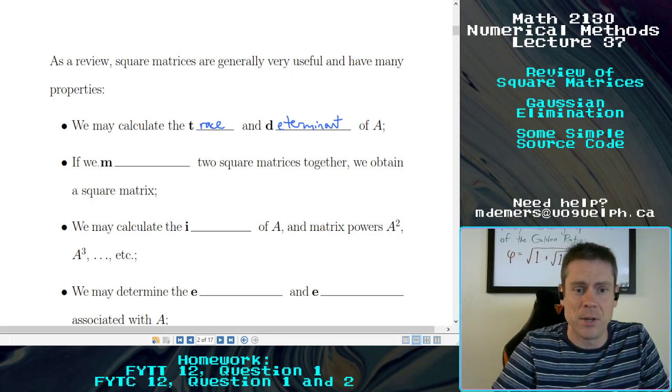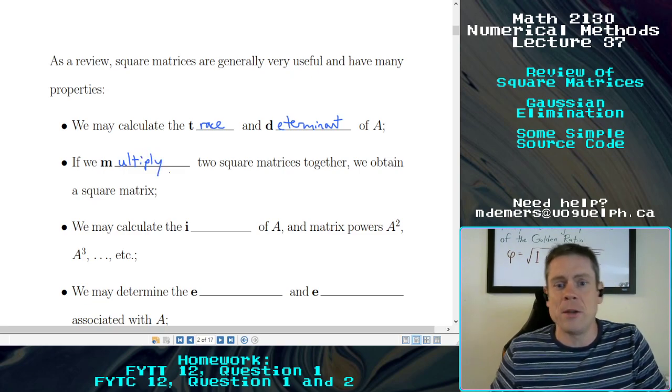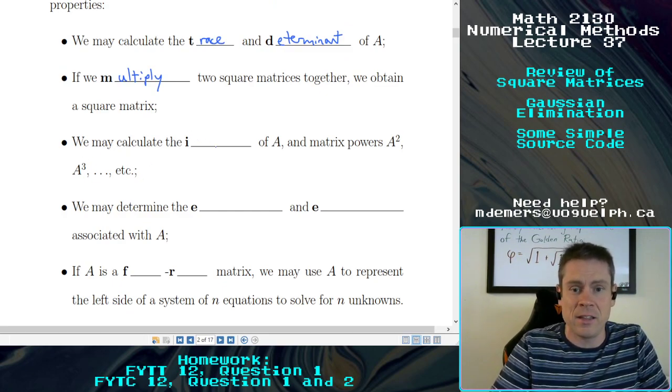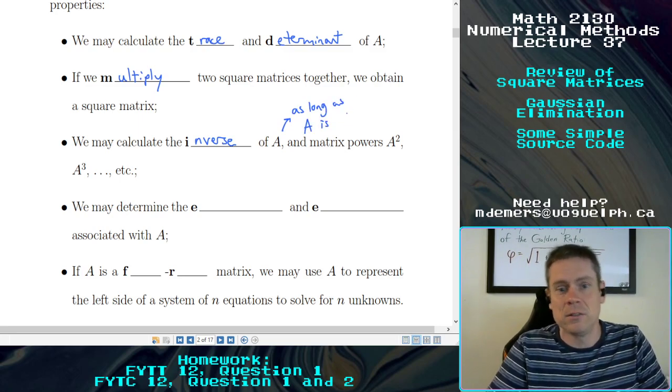If we multiply any two square matrices together, we should obtain a square matrix. And in addition, we might calculate the inverse of A as long as A is invertible.